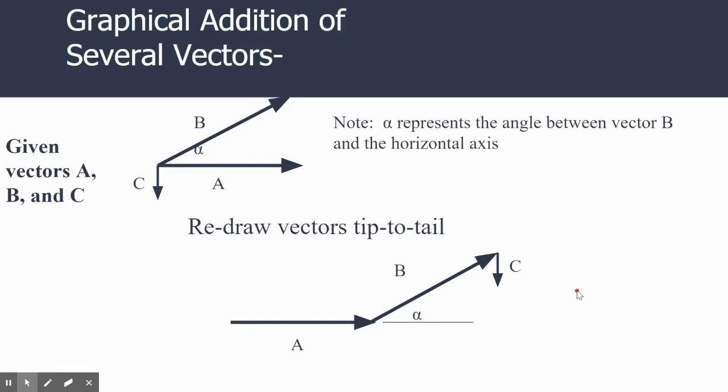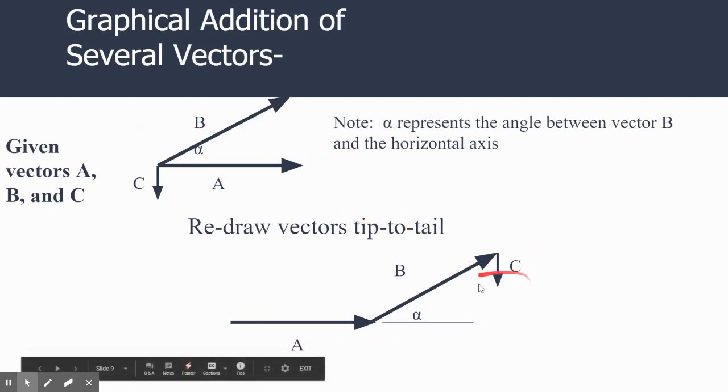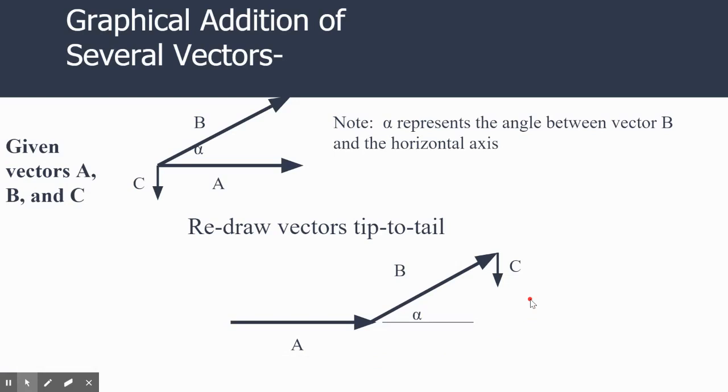A vector is defined not only by its magnitude, but also its direction, so it must keep that same direction at all times. Vectors A, B, and C are still pointing the same direction and are the exact same size as originally, because they have a magnitude, which is the size, and a direction, which is the way it's pointing.